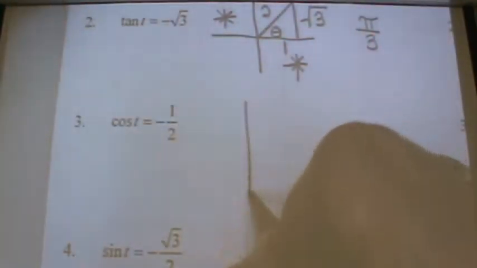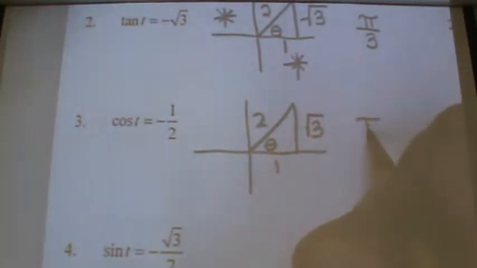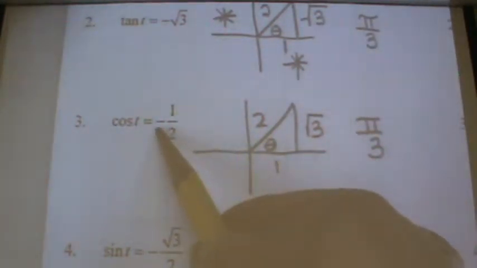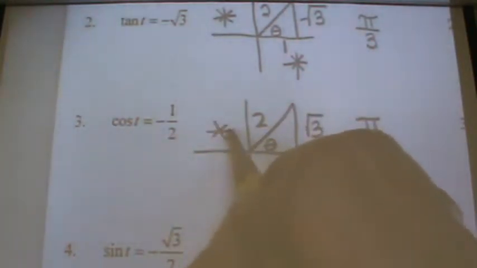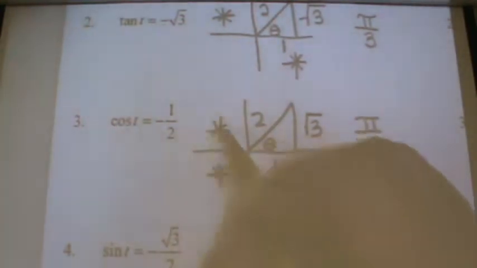Next one. Cosine negative 1/2. So I'm going to draw my triangle in quadrant 1, 1 to 2. This again is a 60-degree angle. In what 2 quadrants is cosine negative in? Those 2. So what's the angle in quadrant 2 that's a 60-degree? And?